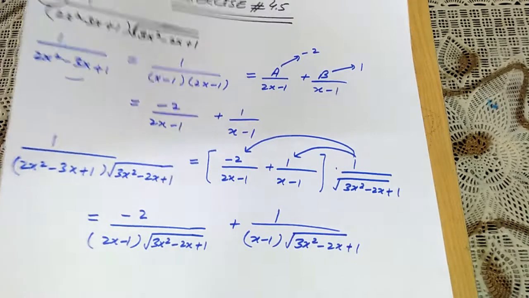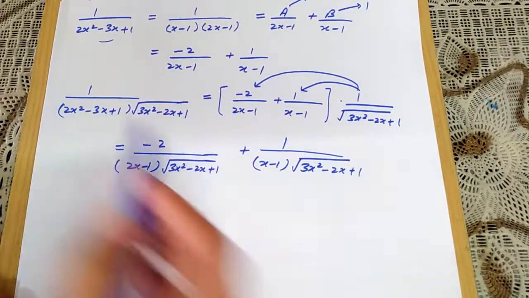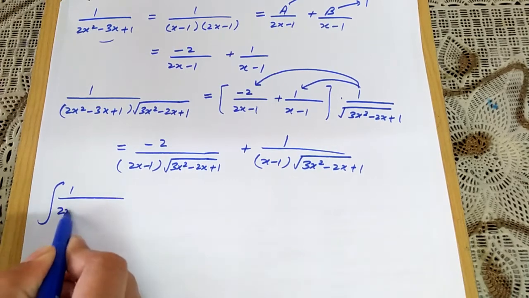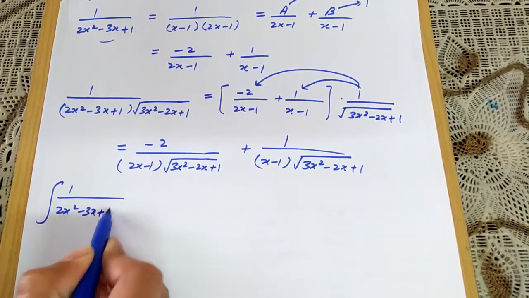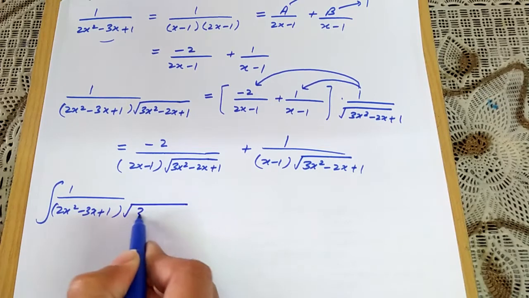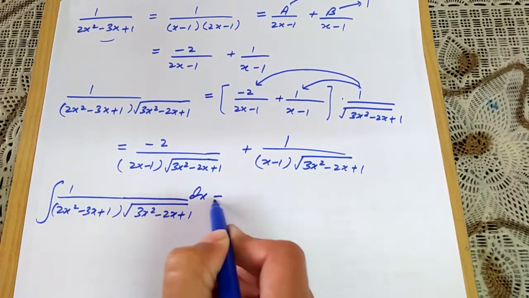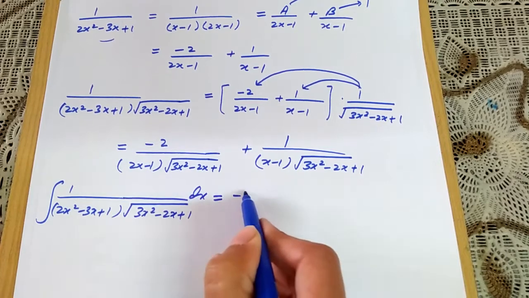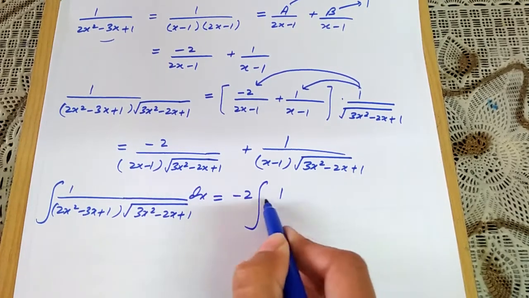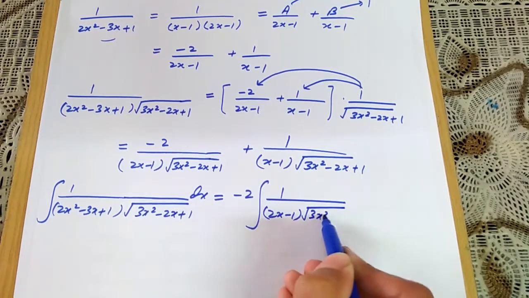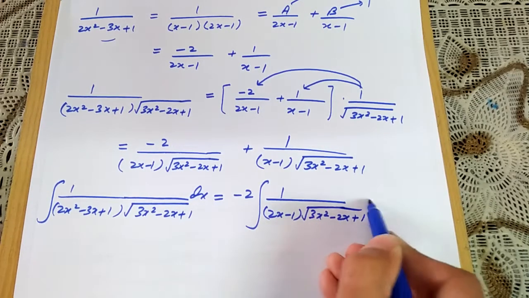Now just write the functions in the integration. We will get the integration of 1 over (2x² − 3x + 1) under root (3x² − 2x + 1) dx equal to −2 times the integration of 1 over (2x − 1) under root (3x² − 2x + 1) dx, plus the integration of 1 over (x − 1) under root (3x² − 2x + 1) dx.